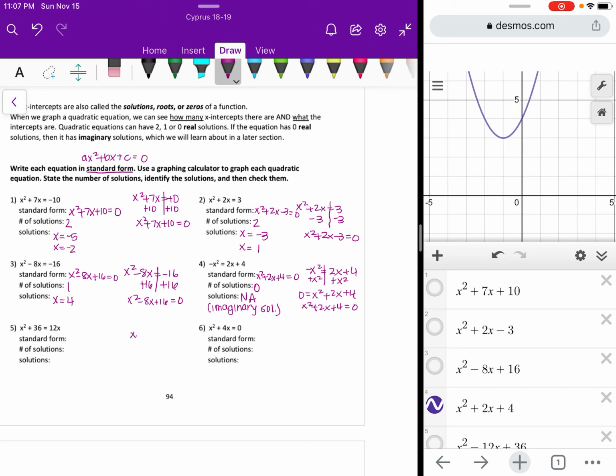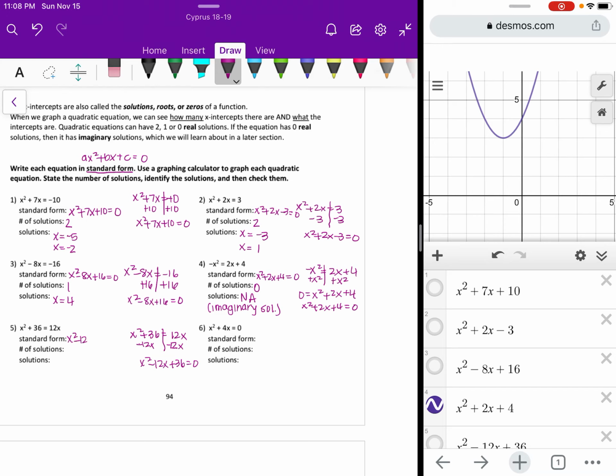Okay, let's look at number 5. So we have x squared plus 36 equals 12x. I'm going to move that 12x over by subtracting it from both sides. And to put this into standard form, I'm going to sandwich it in between that x squared and 36, because that's where x belongs, in the middle.